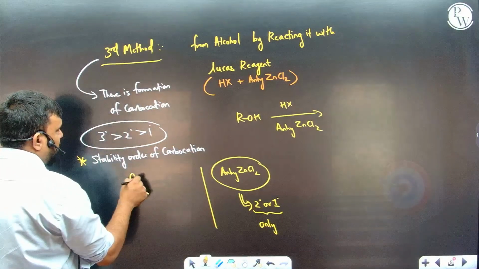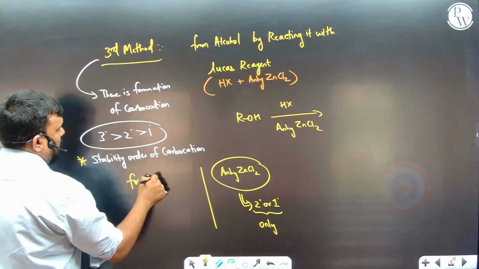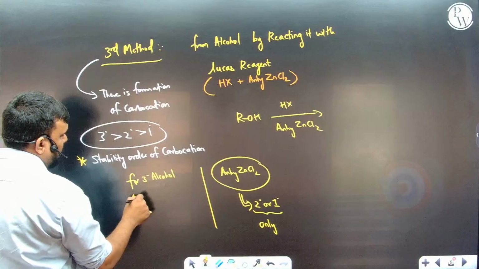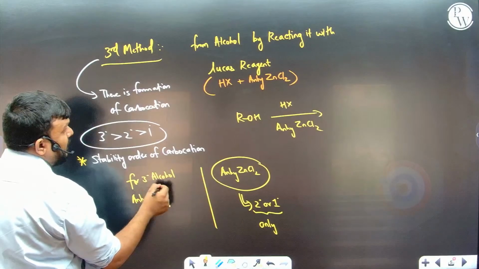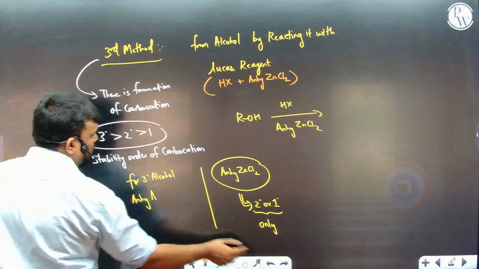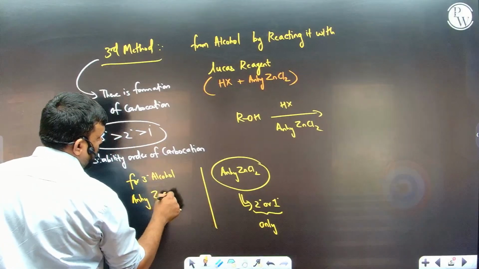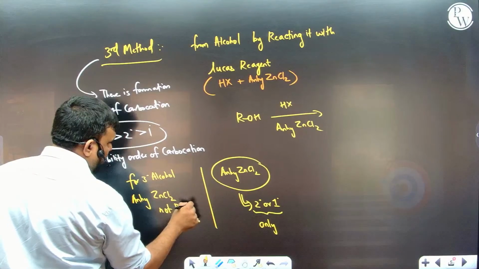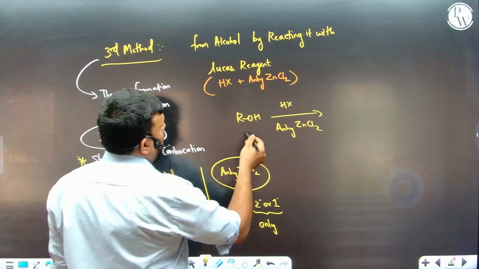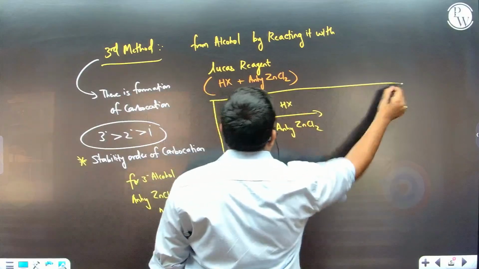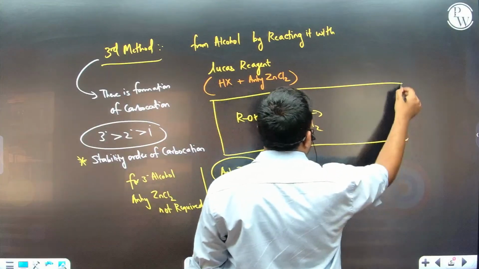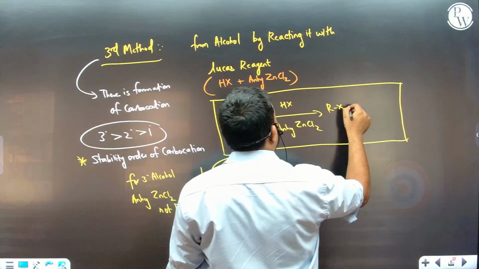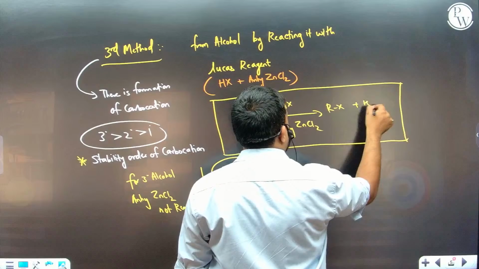For 3 degree alcohol, anhydrous ZnCl2 is not required. Okay. So what is the reaction? ROH reacting with HX, we will get RX plus H2O as the byproduct.